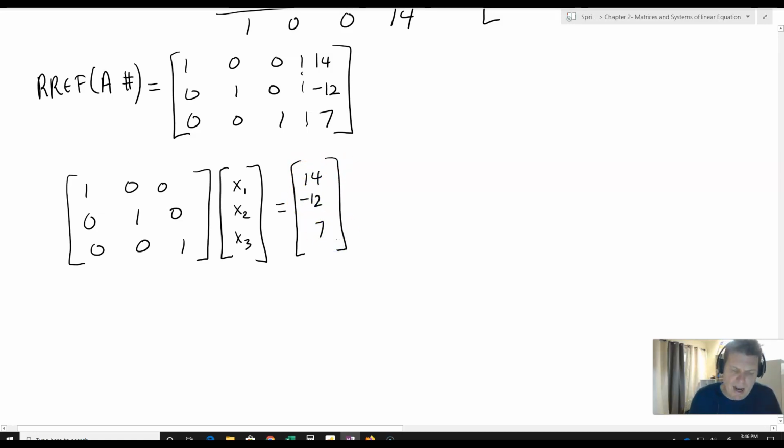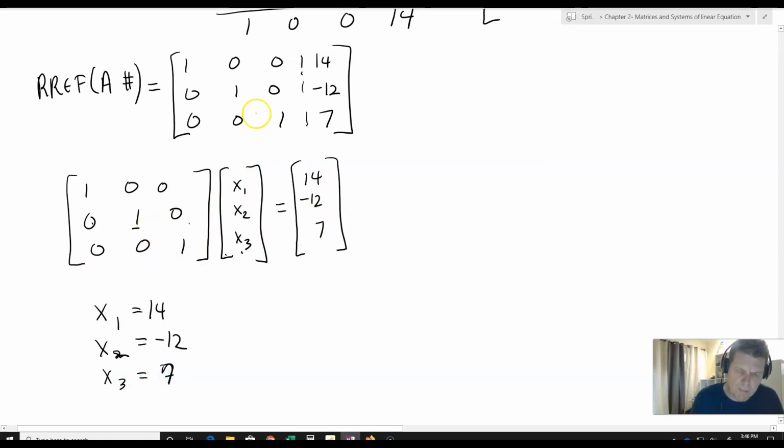When I write it out, that's going to give me x1 plus 0x2 plus 0x3 equals 14. 0x1 plus 1x2 plus 0x3, so just x2 equals negative 12, and 0x1 plus 0x2 plus x3 equals 7. So x3 ends up equaling 7.